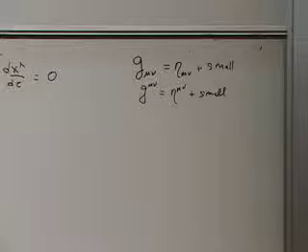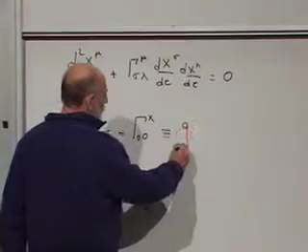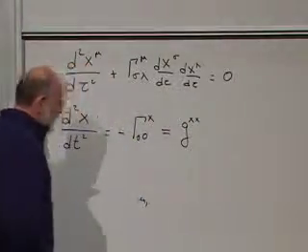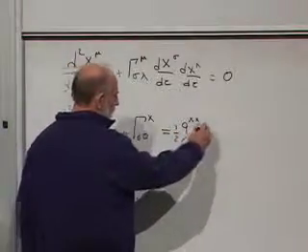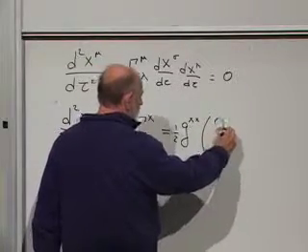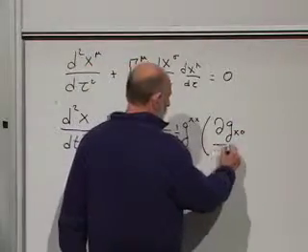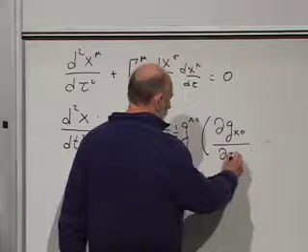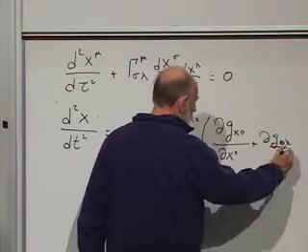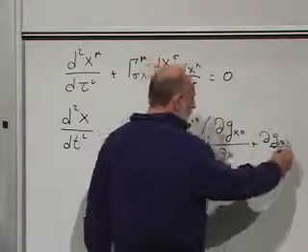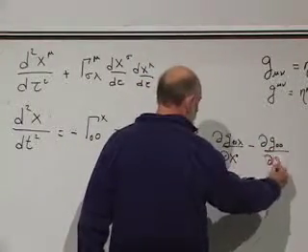Okay, so let's write out what this gamma symbol is. It's equal to g xx with upstairs x's, 1/2 times the derivative of g x0 with respect to x naught plus the derivative of g x0x with respect to x naught minus the derivative of g naught naught with respect to x.